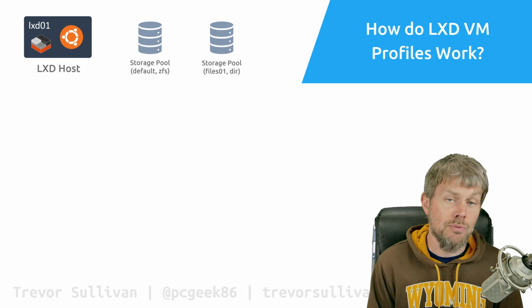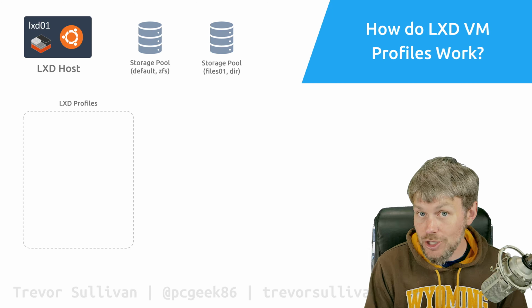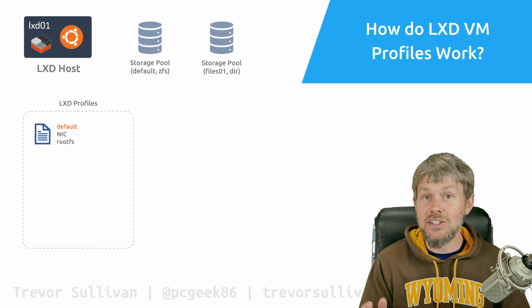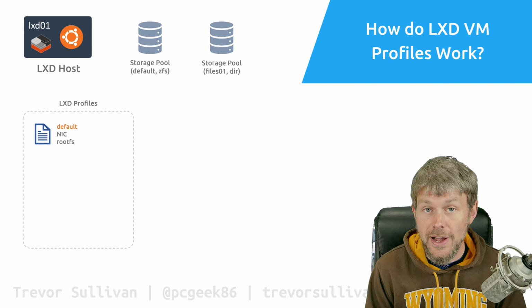Now, we're going to introduce profiles here. We haven't really discussed profiles yet, and that's because when you install LXD and you start creating virtual machines, there's actually a hidden default profile that's used whenever you launch a new virtual machine.